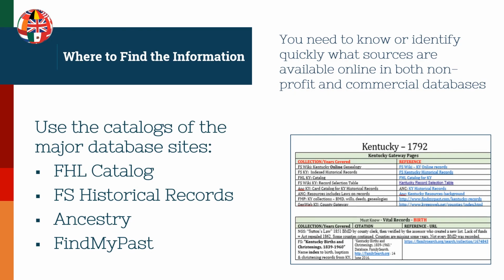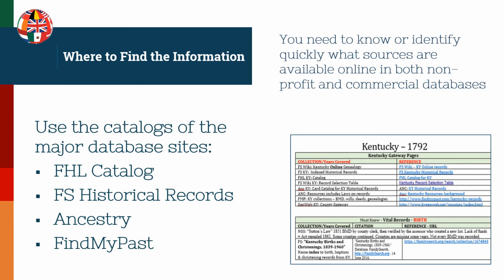Another resource, which every professional genealogist should be using on a regular basis, is the catalogs of the major databases, including the Family History Library Catalog, Family Search Historical Records, Ancestry's Catalog, and Find My Past Catalog. You need to know or be able to identify quickly what sources are available online in both nonprofit and commercial databases.